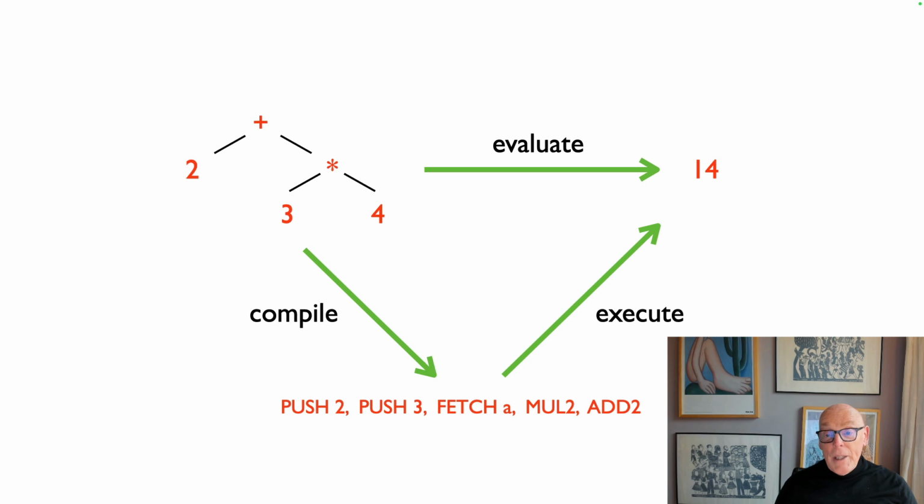And in fact, we would expect to get the same answer with compilation or direct evaluation. So now in this segment, we'll look at evaluation, and then in the next, we'll look at compilation and execution.